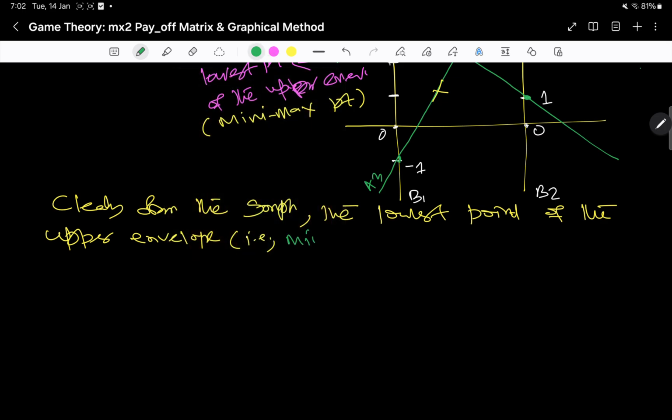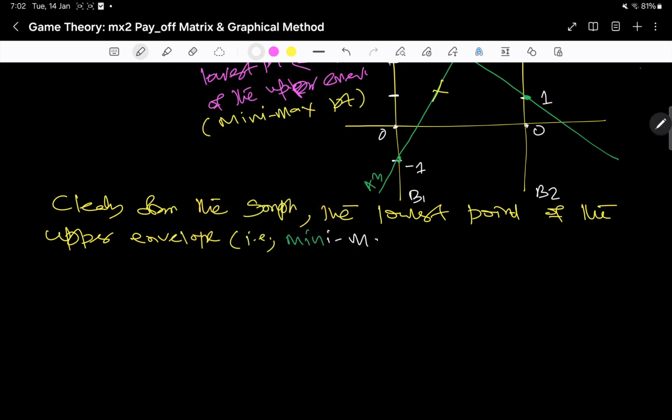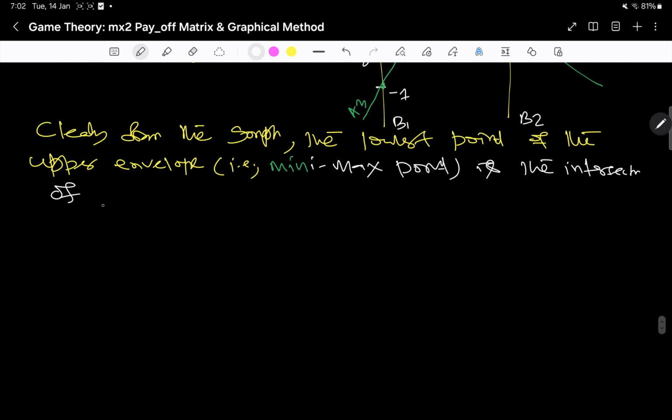That is this point. This minimax point is the intersection of A2 and A4.